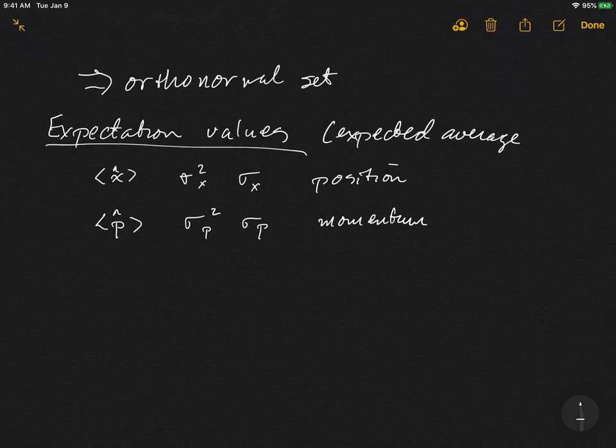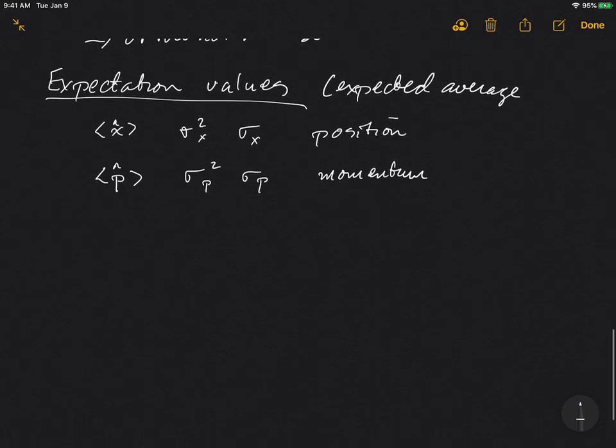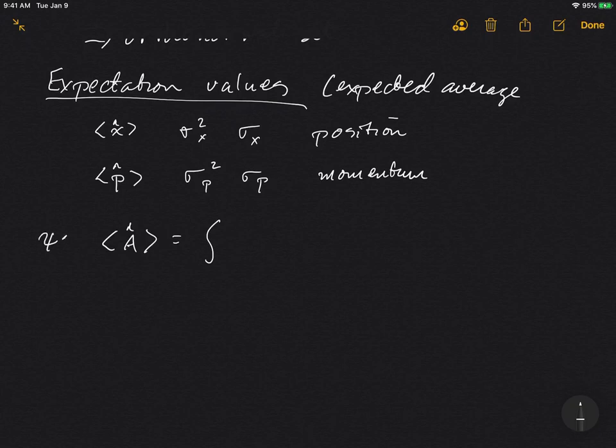So the expectation value, you may recall, the general expression is if you have some general operator A, you make this operator sandwich, and you have some state psi. The operator expectation value can only be defined for a particular operator and a particular state, so we have to define the state.